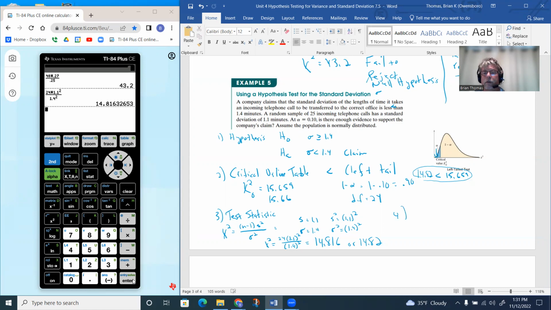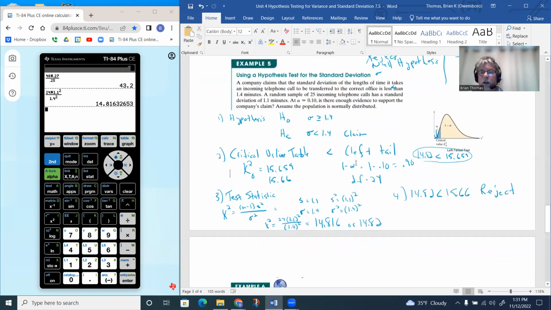So since 14.82 is less than 15.66, if you will, we're going to be rejecting, because it falls in the rejection region. So we're going to be rejecting the null hypothesis.